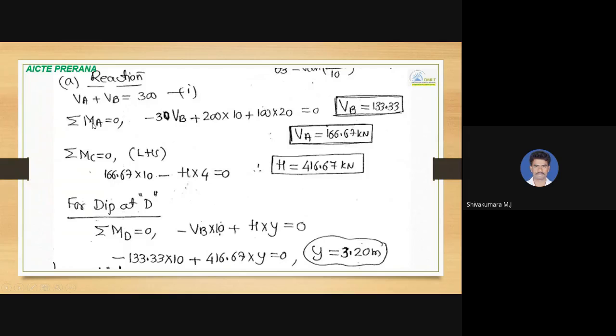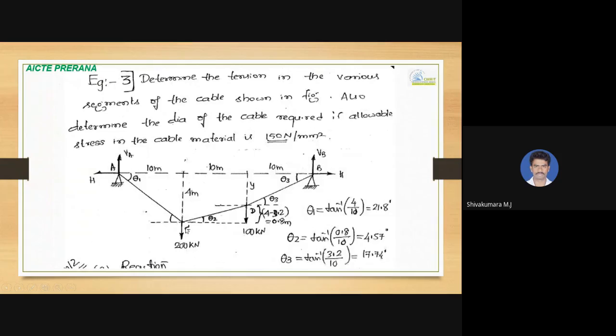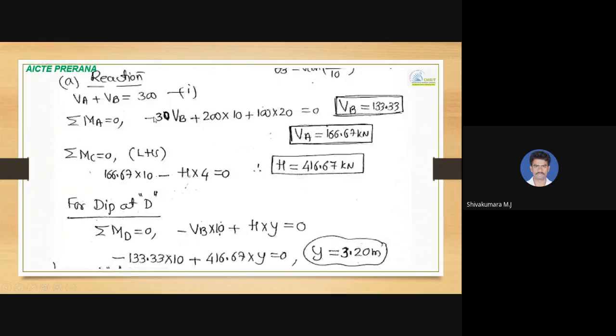And if you take moment about A equal to 0, 200 into 10 meter clockwise positive, 100 into 20 meter clockwise positive, VB into 30 meter anti-clockwise negative. So here it is written minus 30 into VB plus 200 into 10 plus 100 into 20 equal to 0. So the VB value is 133.33.